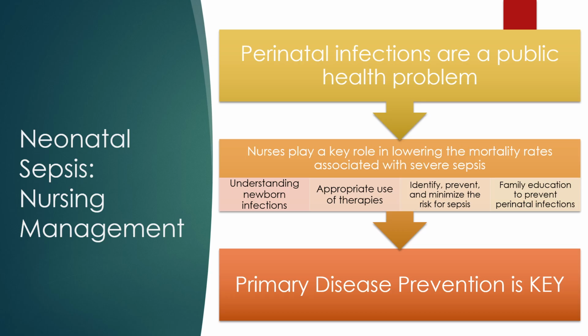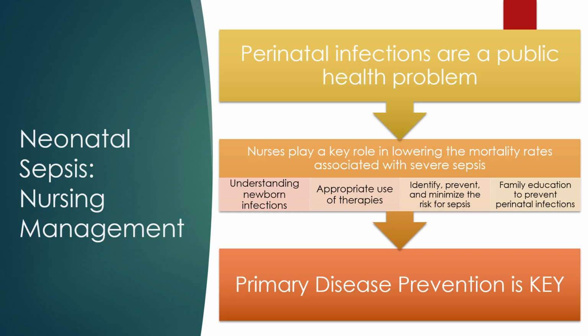Perinatal infections have severe consequences to those who are affected. Because of this, it is the role of the nurse to ensure there is awareness and understanding about the risk of newborn infections. How do they happen? What are the risk factors? How can we do our part to prevent them? A huge part is education.